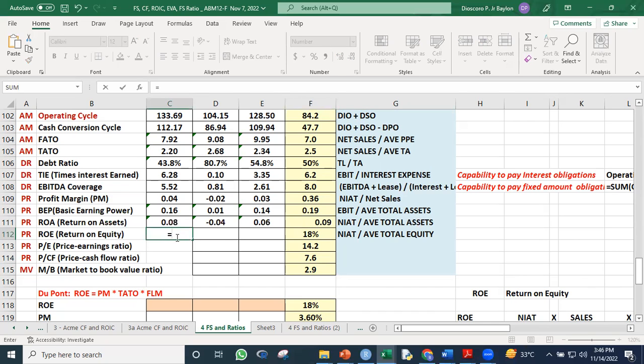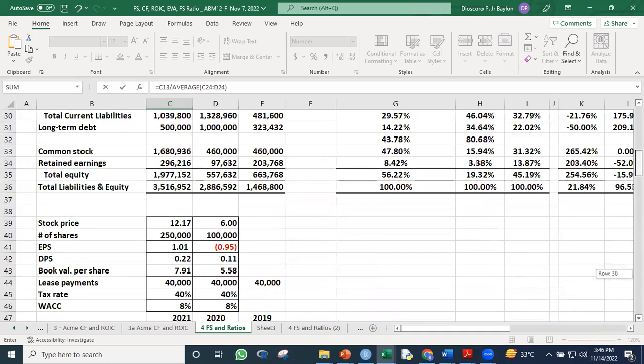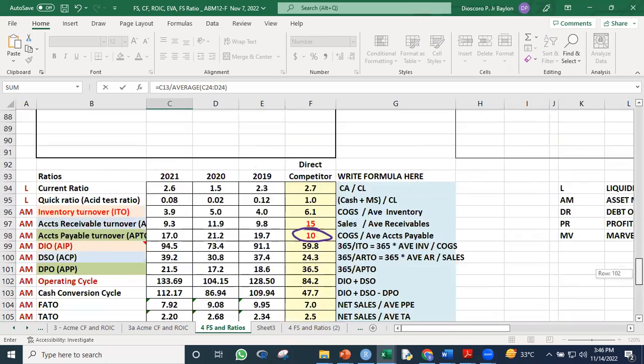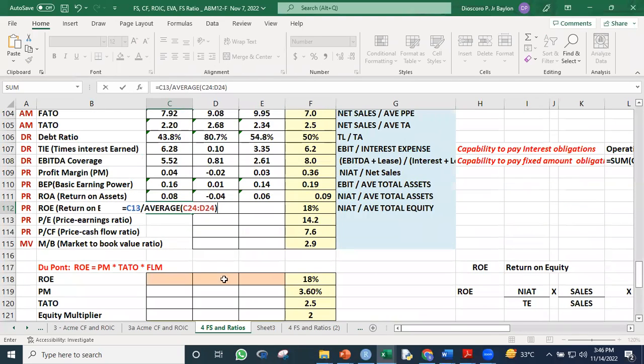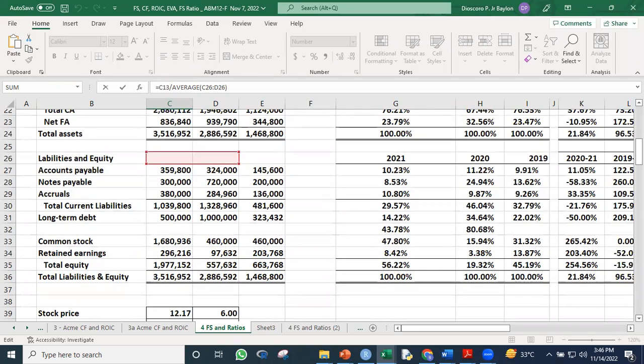Kinopya ko na lang yung formula dito. Tapos yung total equity natin, anong row yun? Row number 36. Oops, ano nangyari? C13. Average. Bakit tinype ko?